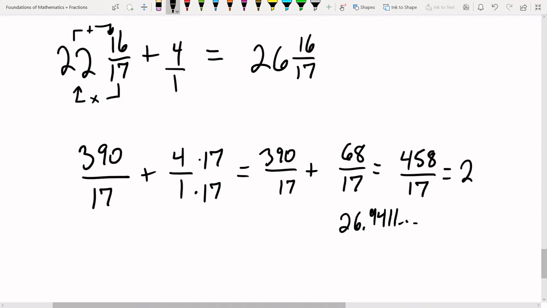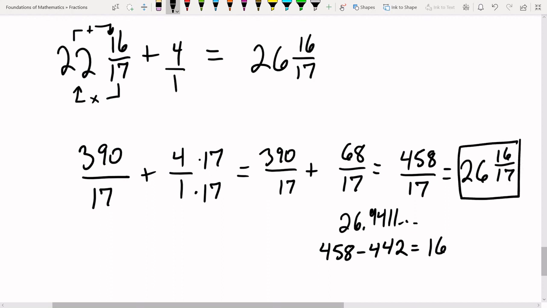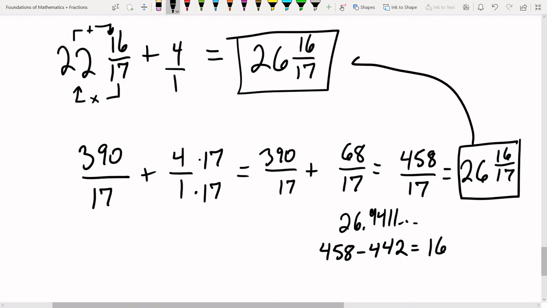So we know it's 26 whole times. 26 times 17 is 442. So we go 458 minus 442, and that gives us 16. We get the same thing both ways. So definitely the top way in this case is much easier.